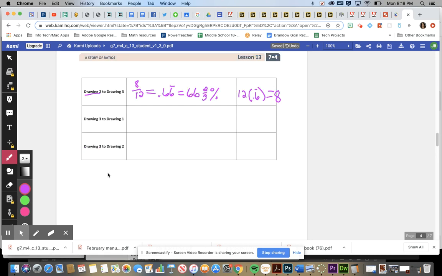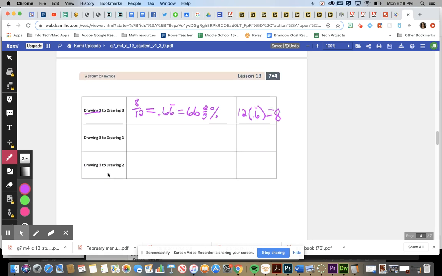Okay, scale drawing 3 is now our original, which was 8. Scale drawing 1, which I believe was 10.